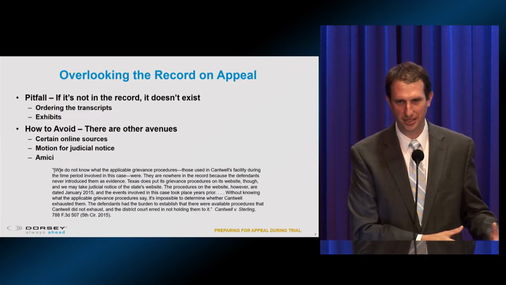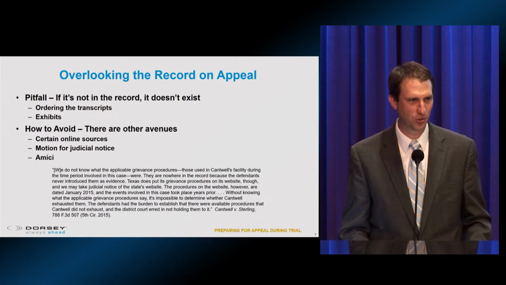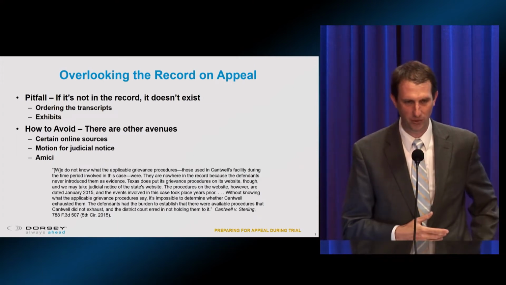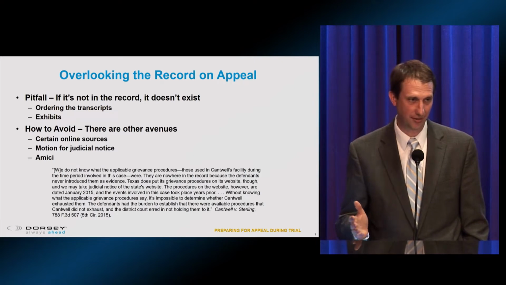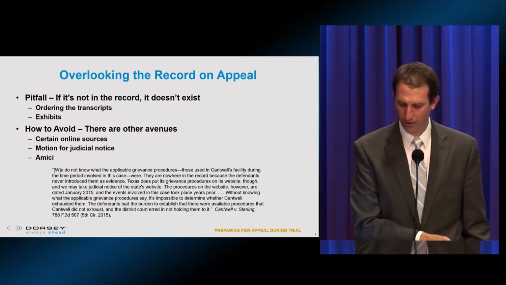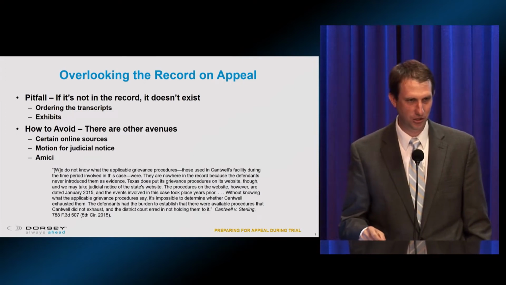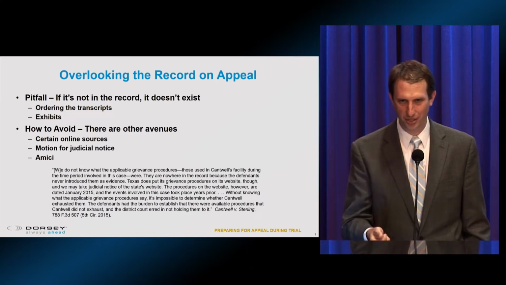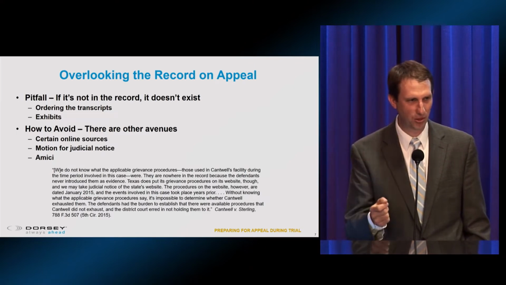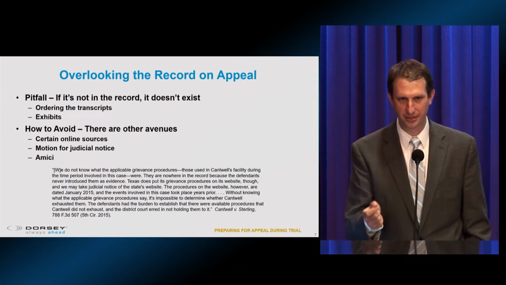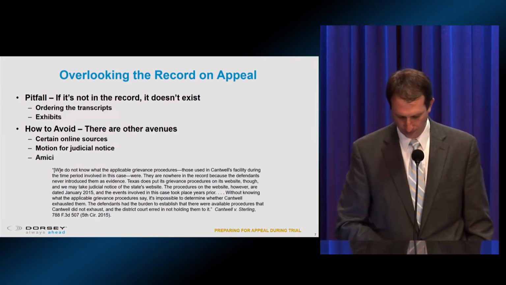And so they said, sorry, we just can't find the source that you're saying is dispositive of the exhaustion of procedural remedies, so you lose on that ground. Ways that could have been avoided would have been putting it in the record, or even if relying on an online source, if they had found it online earlier, actually printing out that PDF and filing a motion for judicial notice, which would have given the paper copy to the court. So even if the URL gets changed later on, it's there, fixed and in the court's hands.